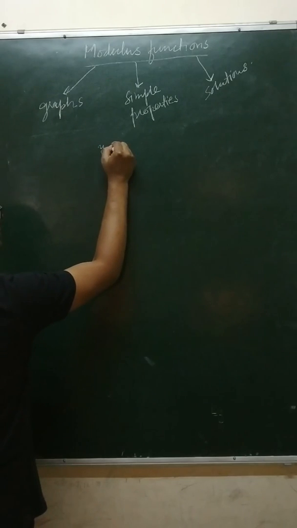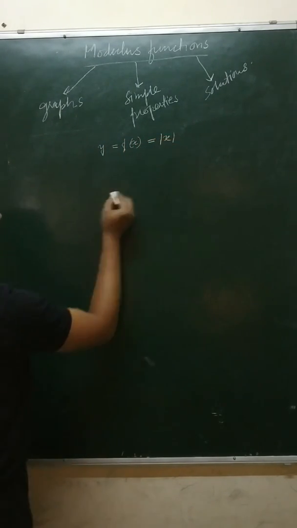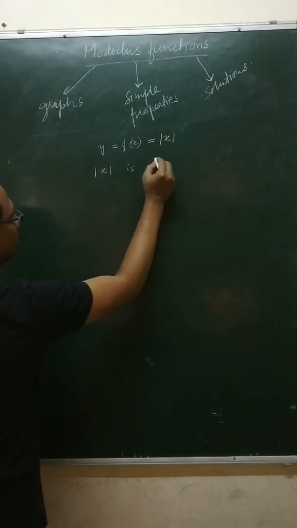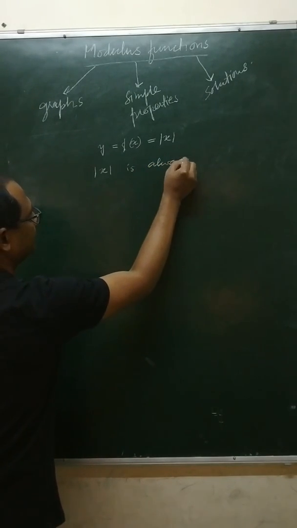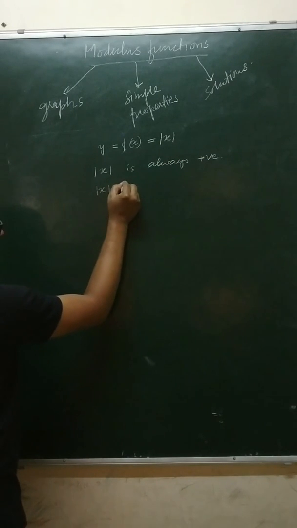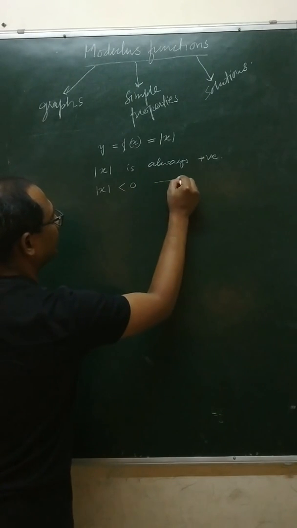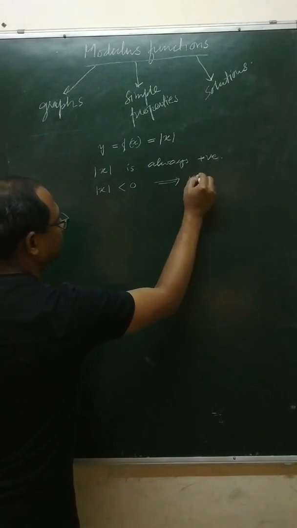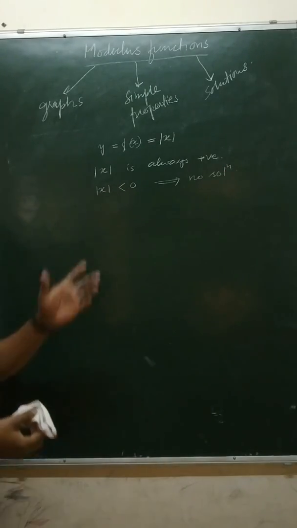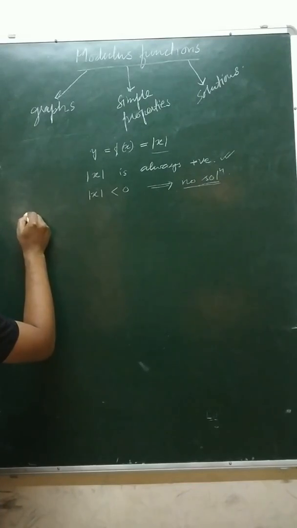For y equal to f(x) equal to modulus of x, some of the things we have to take care of: modulus of x is always positive. Modulus of x less than 0, meaning negative, implies no solution. It is simply saying that there is no negative value x satisfying this relation. That's it. Okay, two properties.